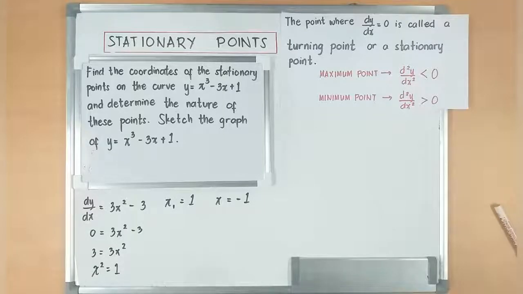Why are there two values? Because basically, if I square root both sides, this should have a positive and negative value. So the positive value of the square root of 1 is positive 1. The negative value of the square root of 1 is negative 1.